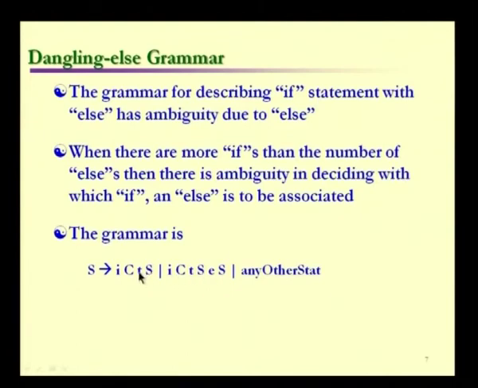But if you have only the then part, then it will be an unmatched statement, which means that this particular statement will not have an else. But when you combine these two, there may be something like if condition then, and within this, there may be a statement if condition then statement else statement, and maybe for the outer one we may not have an else part. In that kind of situation, associating the else with which if is going to be the issue.